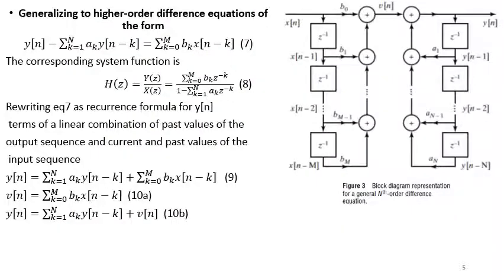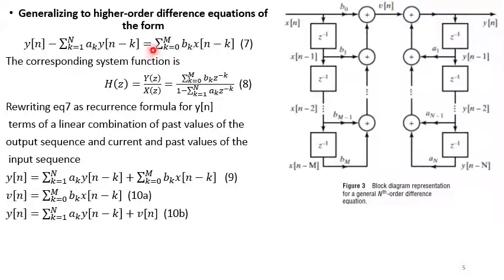So by generalizing the previous example, which was just a second order system, now we generalize it to the Nth order. So from the previous example, you can say that y of n minus summation k running from 1 up to N, ak y of n minus k equals summation k running from 0 up to M, bk x of n minus k, and we denote it by equation 7.